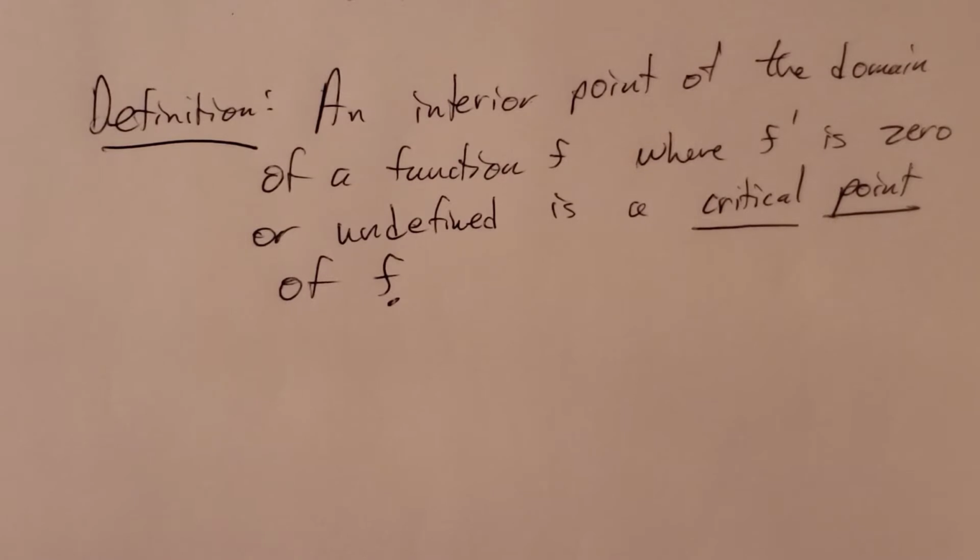So if we find all critical points, that reduces where we need to look for maximum and minimum values. Not all critical points will be a local max or a local minimum, but if we find a local max or a minimum, it is a critical point. So if we start looking at all of the critical points, that makes our solution a lot simpler.